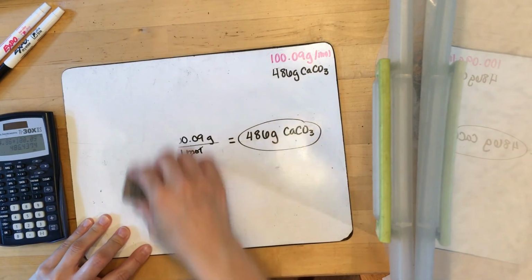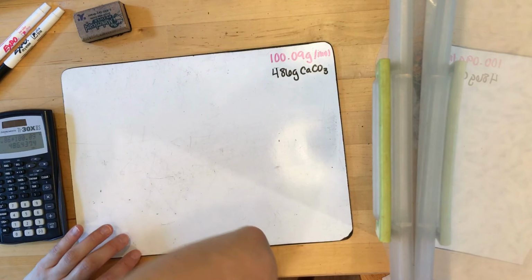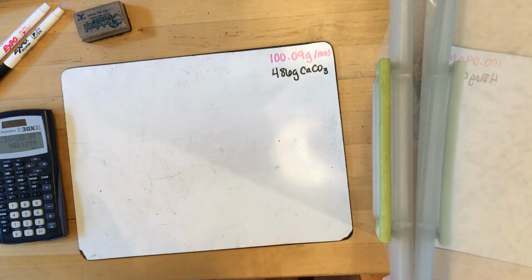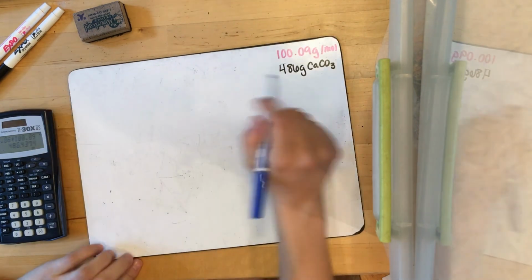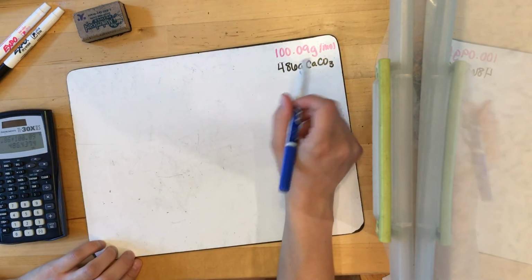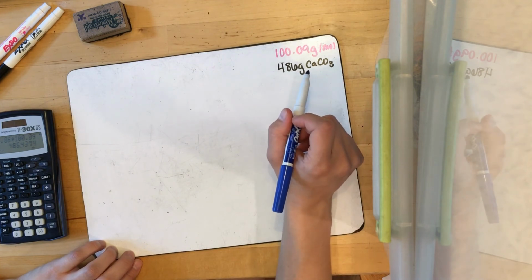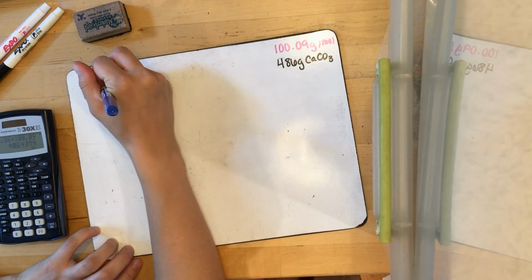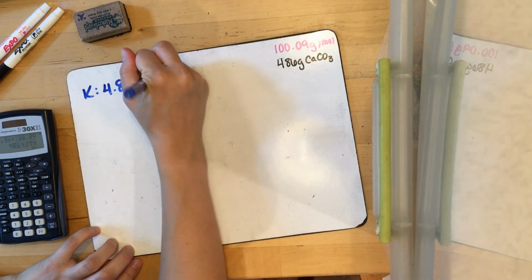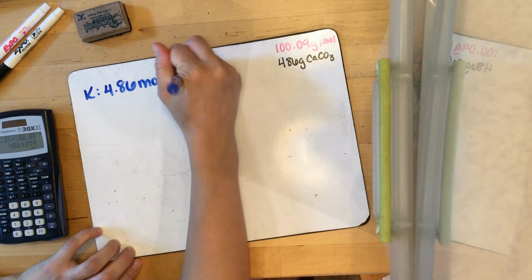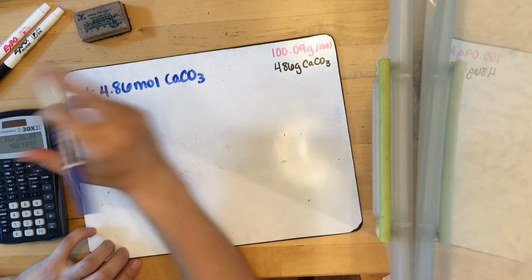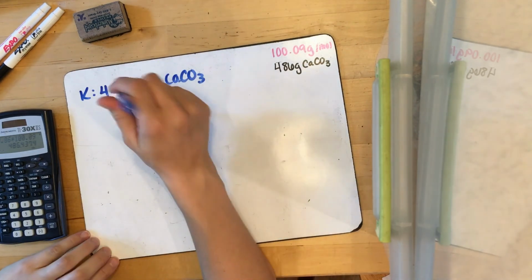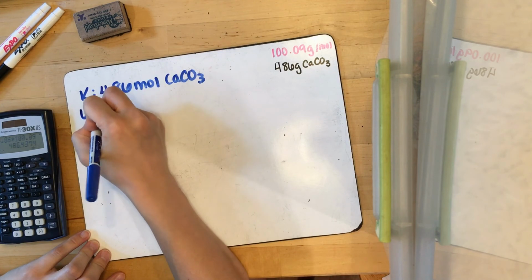Okay, the third and final question here is asking us to find the mass of carbonate ions present in this sample. So we found the mass of the CaCO3, but actually let's start with the moles here, because we want to separate this out into just the carbonate, and the easiest way to do that is to go back to the moles.